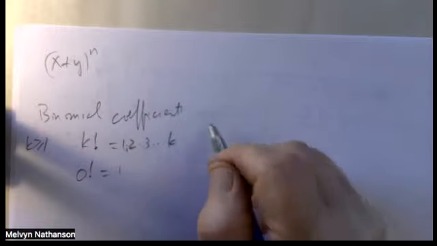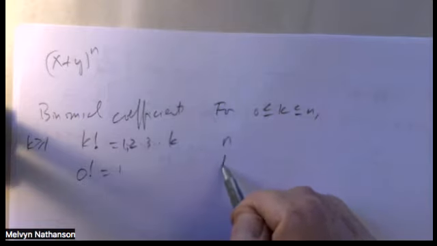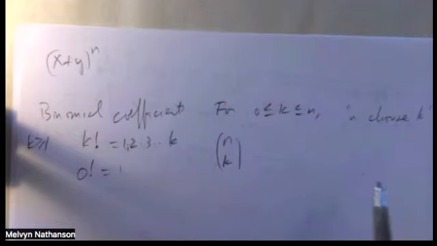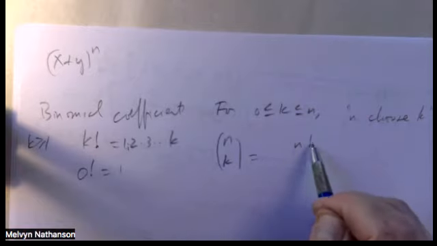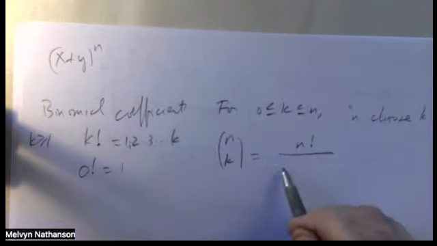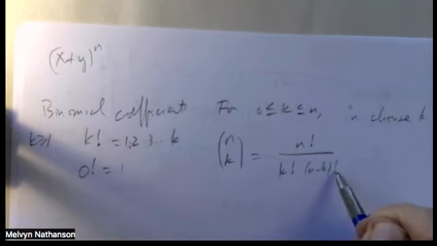So the binomial coefficient: for k between 0 and n, it is written as n over k in parentheses, and it's read n choose k. This is defined to be n factorial divided by k factorial times n minus k factorial.